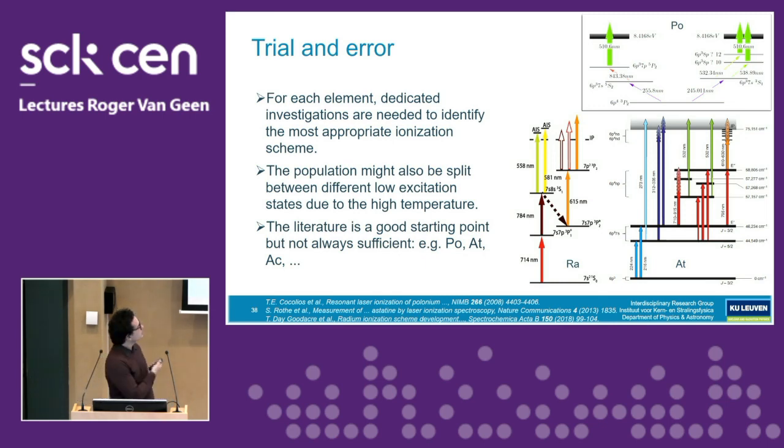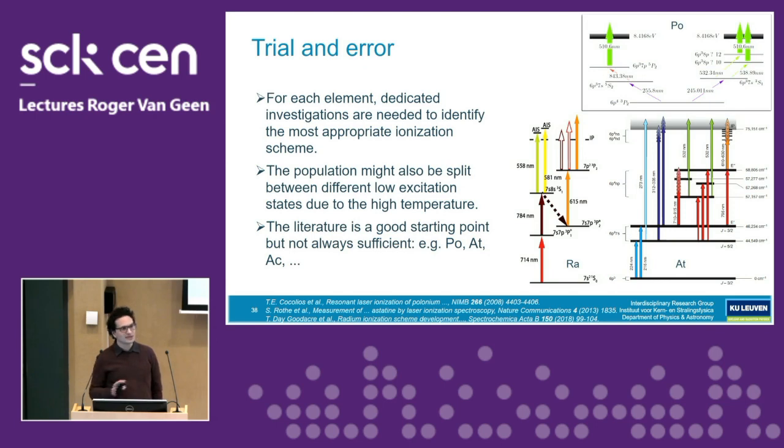The literature is a good starting point, but sometimes there is no literature. If you look up the ionization or the atomic levels of plutonium, you will find nothing. When we looked up what is known about astatine, those two blue lines at the bottom were postulated as potentially maybes.